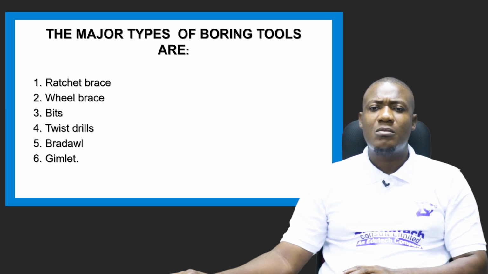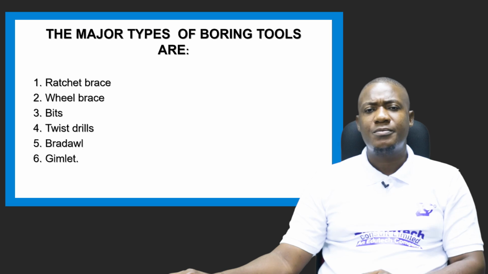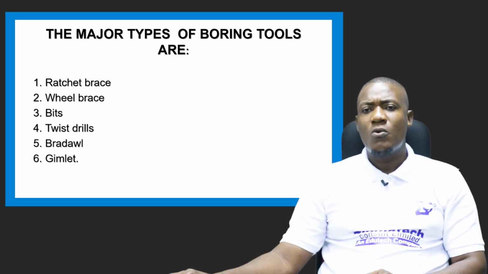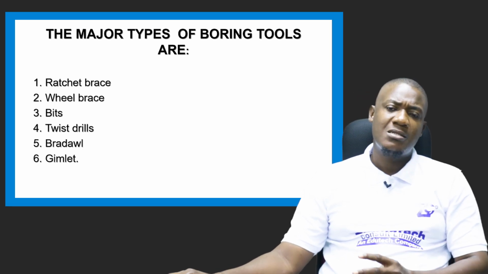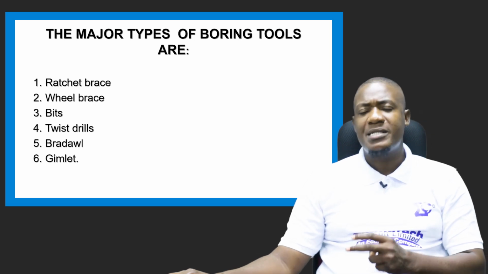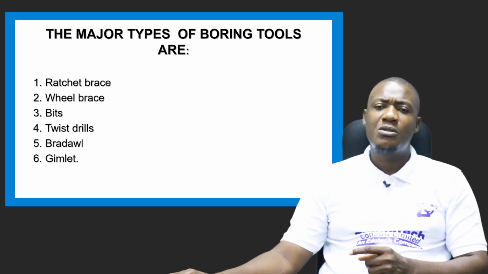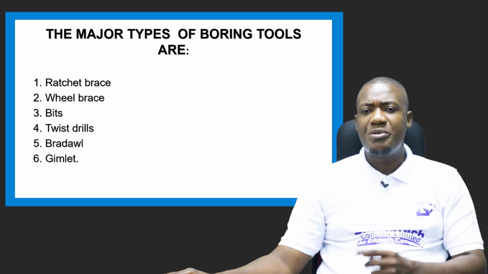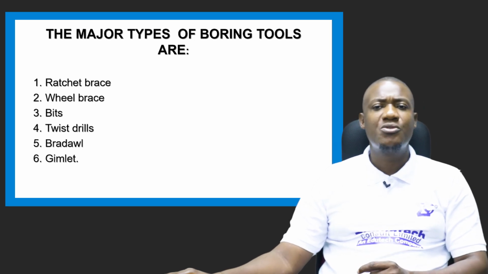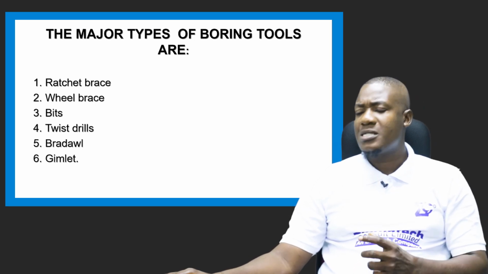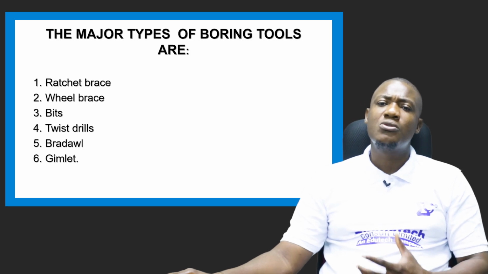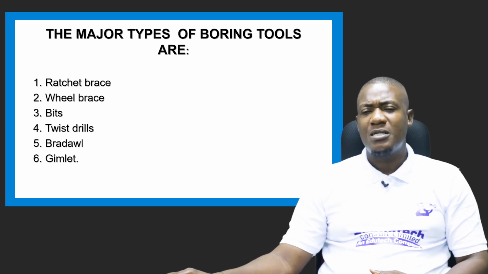There are different types of boring tools that we're going to look at in this video. We're going to look at the brace, the gimlet, the bradawl, the bits and the twist drills. These are different boring tools that we're going to look at today.